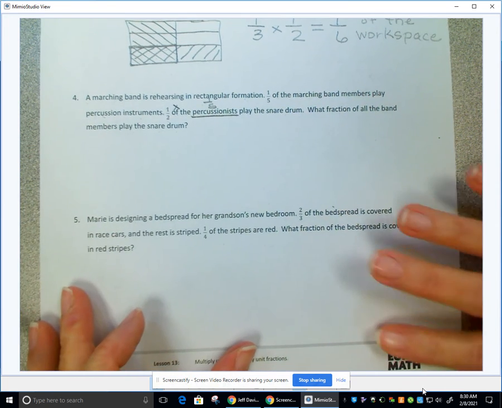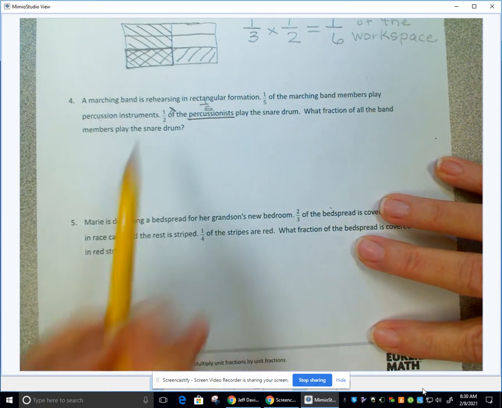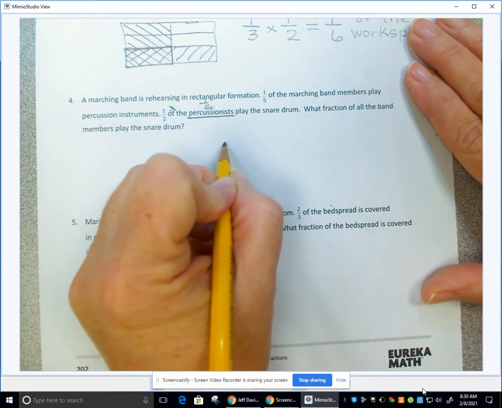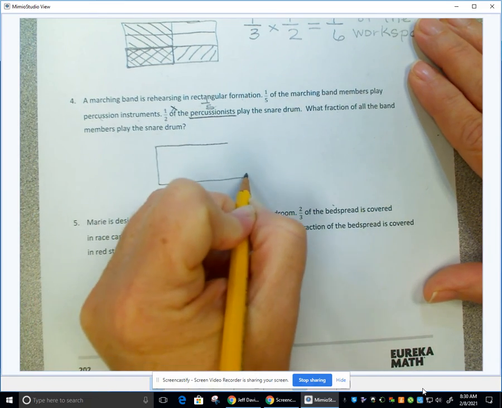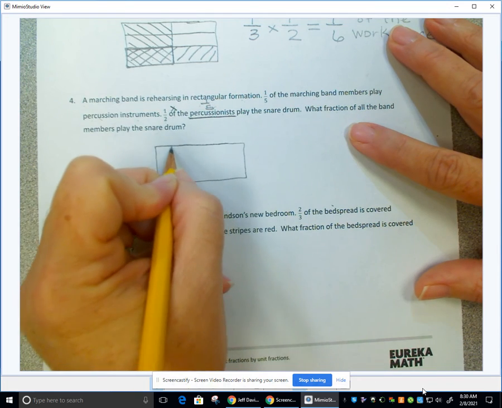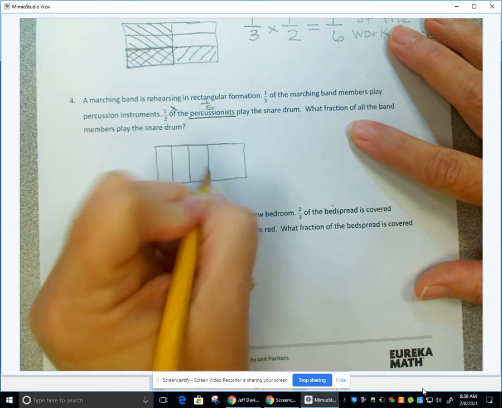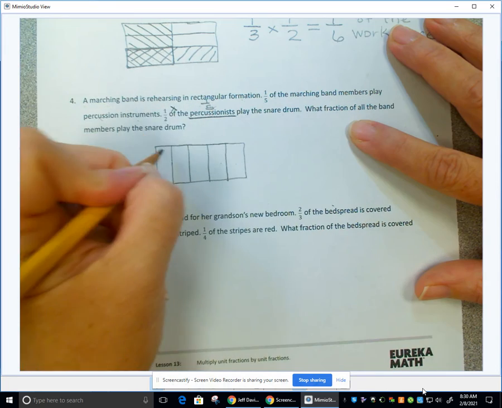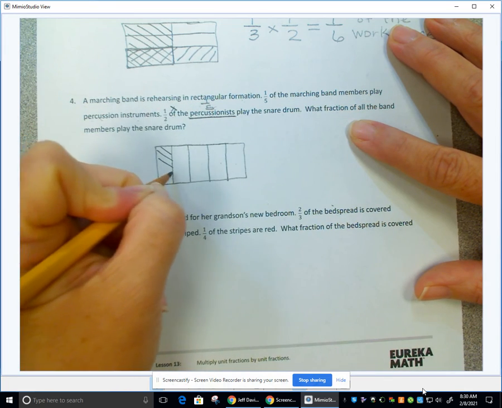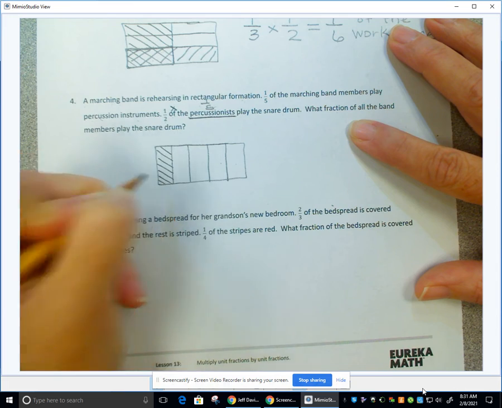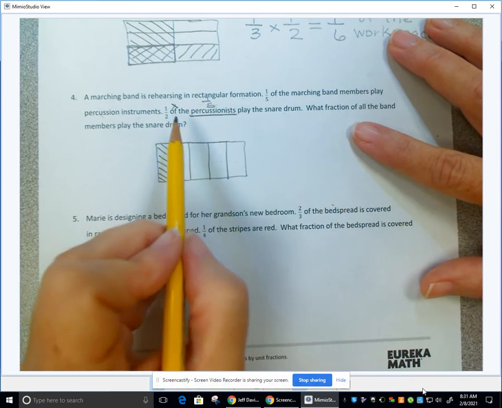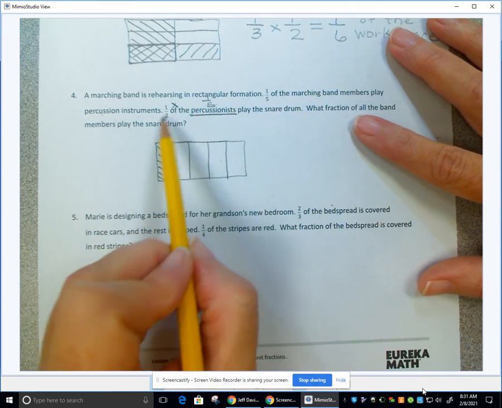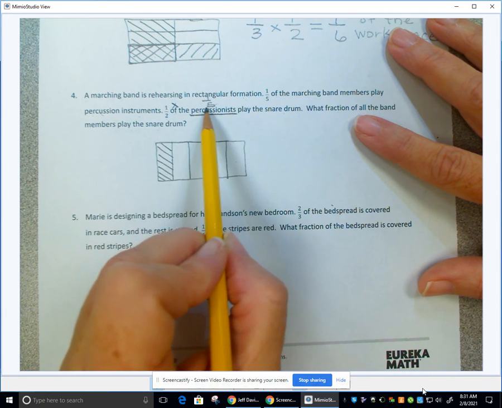So what would be there first? What do I have? I've got 1/5. I'm going to draw that first. One, 2, 3, 4, 5. And I want one of those fifths shaded. Now I'm going to go horizontally. I want 1/2 of the 1/5.